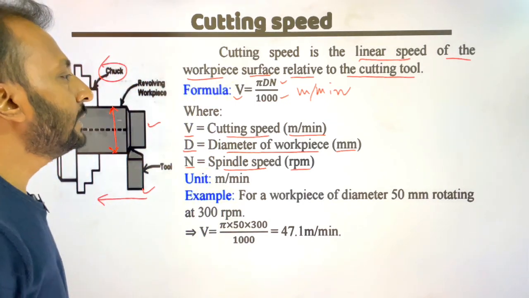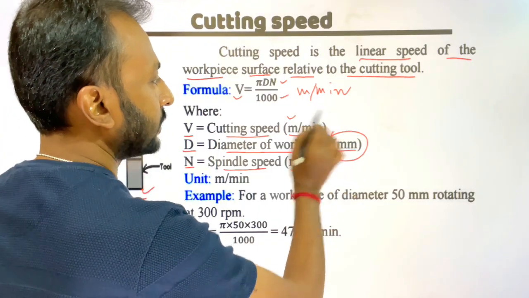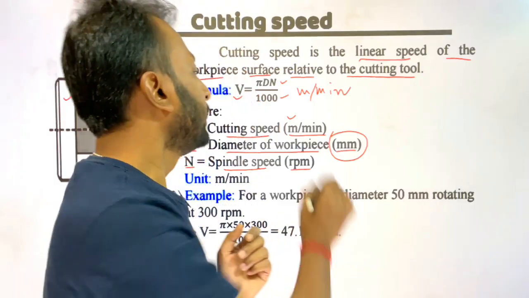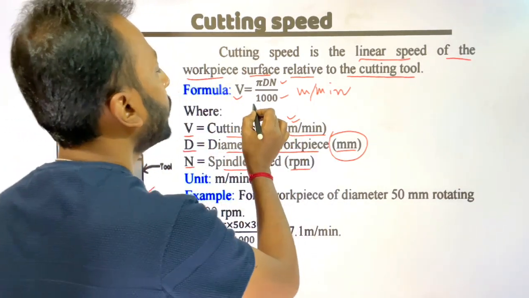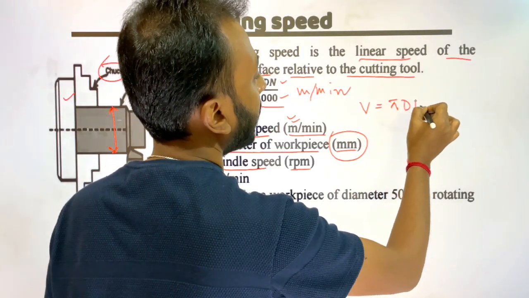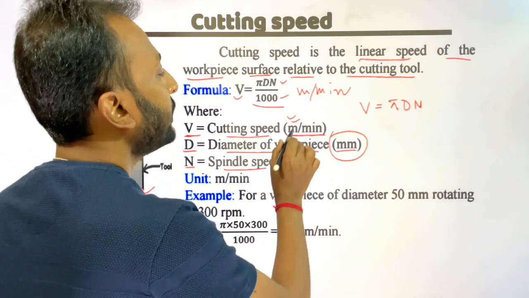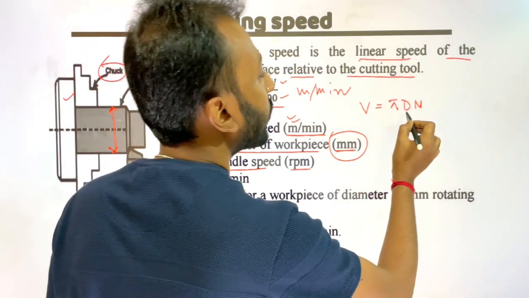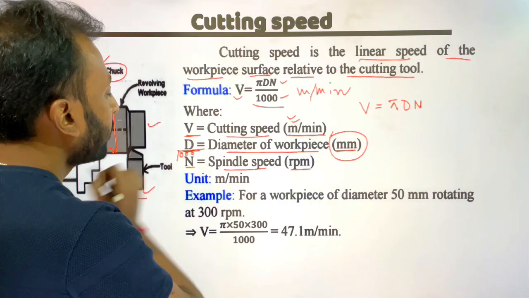So here we can see that the cutting speed is in meter and the diameter is in millimeter. So we have to convert the millimeter into meter. If we don't use the 1000, then the cutting speed would be pi D N. But here V is in meter per minute and D is in millimeter. So we are converting D by dividing it by 1000.